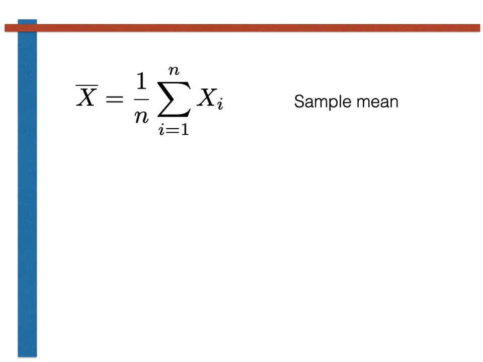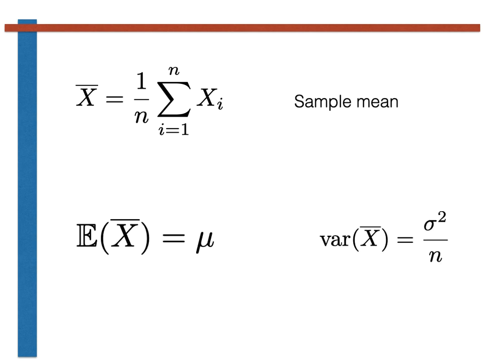To summarize then, if we calculate a sample mean by adding together a series of identical and independent random variables, xi, with expectation mu and variance sigma squared, the resulting quantity, the sample mean, is a random variable. The expectation for this random variable is mu, and the variance is sigma squared over n.